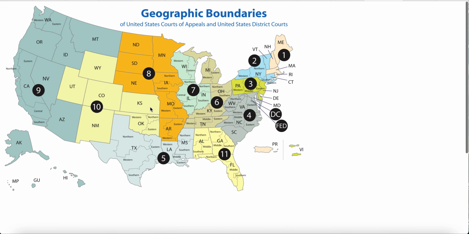They are separated into circuits. There are a total of 13 circuits, so the 1st through the 9th, and it goes through the United States.